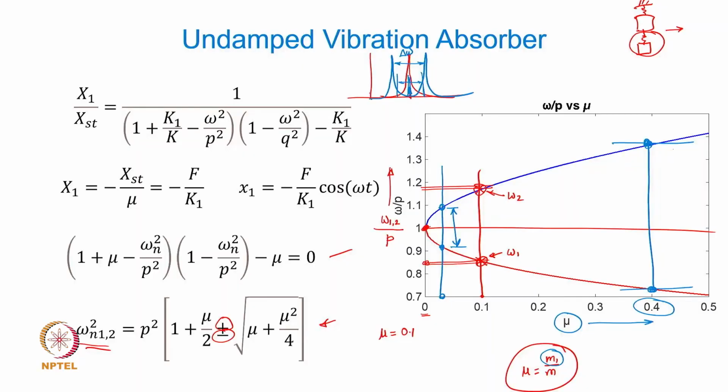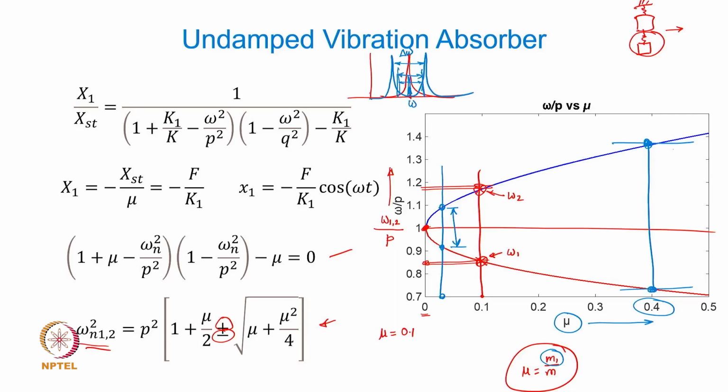Any attachment of mass adds to the mass of your system, which is not taken lightly, or is in fact not allowed, or people will object to that, and this is not a correct design. So you would really like to have as small a mu as possible, while ensuring a reasonable split and a reasonable range of operation around your operating speed omega.